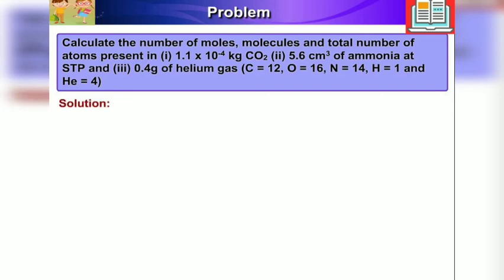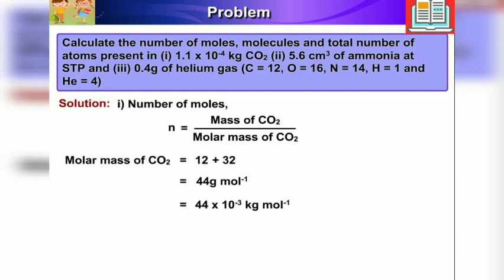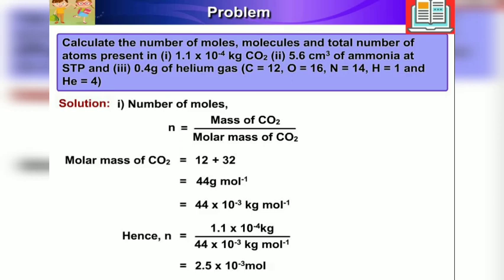Solution. 1. Number of moles, n, equals mass of CO2 upon molar mass of CO2. Molar mass of CO2 equals 12 plus 32 equals 44 grams per mole, equals 44 into 10 raised to minus 3 kilograms per mole. Hence, n equals 1.1 into 10 raised to minus 4 kilograms upon 44 into 10 raised to minus 3 kilograms per mole, equals 2.5 into 10 raised to minus 3 moles.